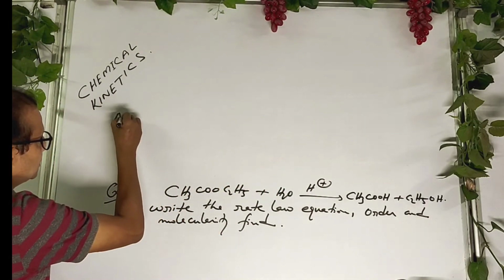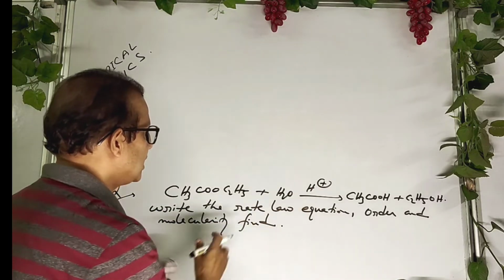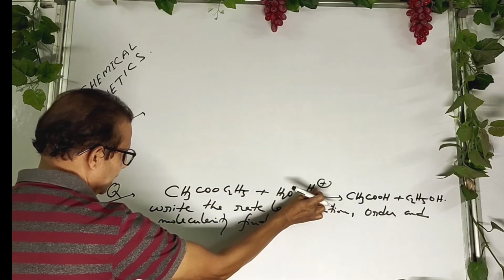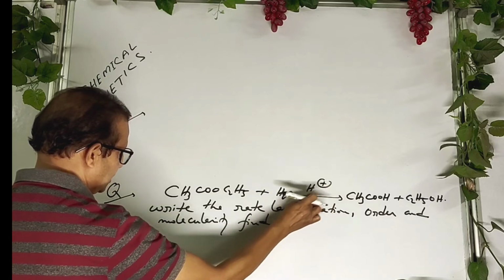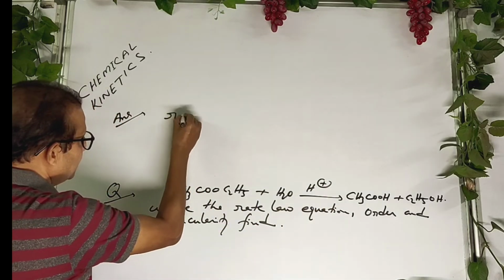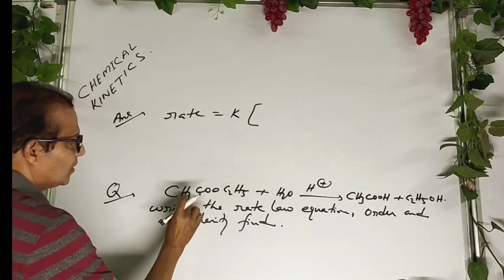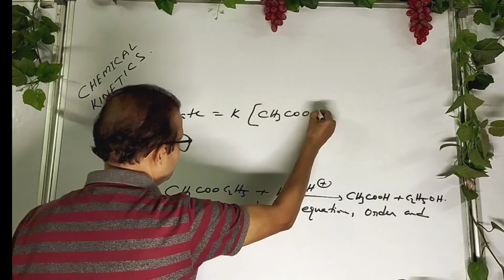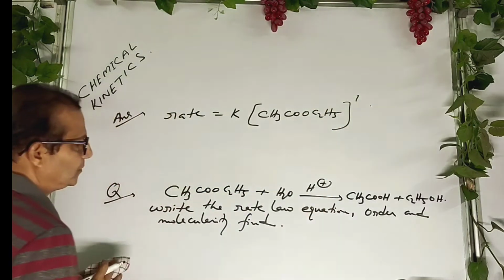So the answer is, whenever you write the answer of this type of reaction, that is acidic hydrolysis, the reaction takes place in presence of acid and water. So the rate equals rate constant times [CH3COOC2H5] to the power 1.